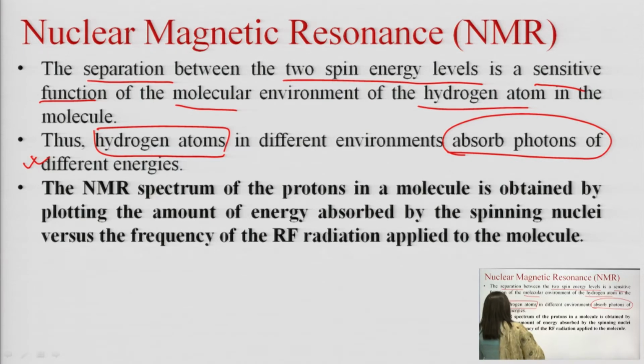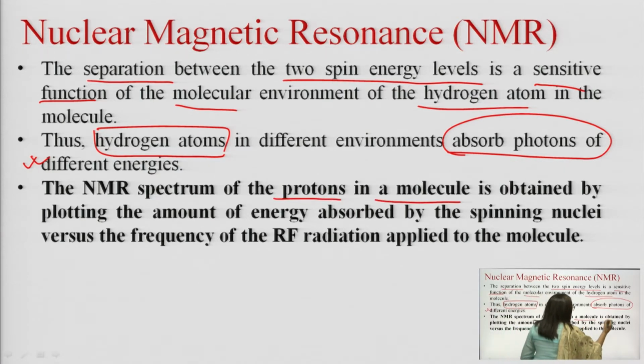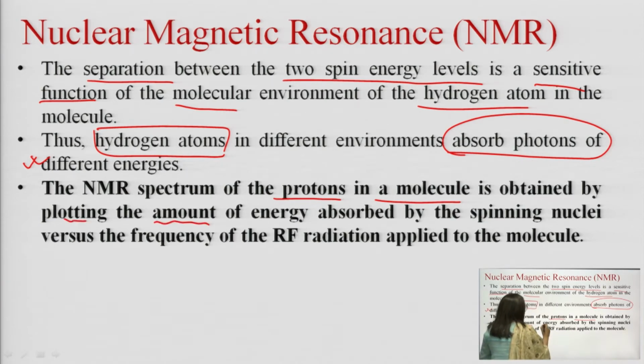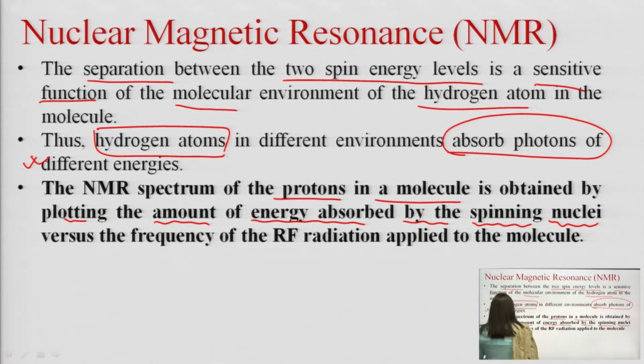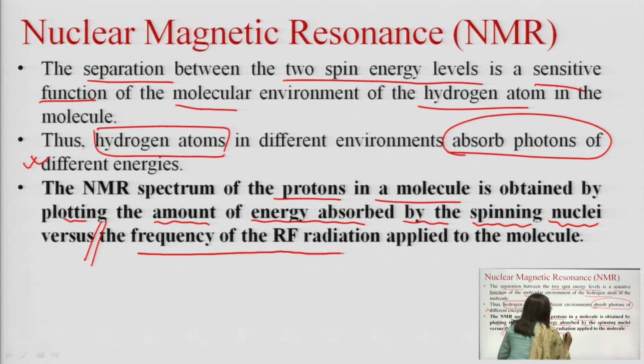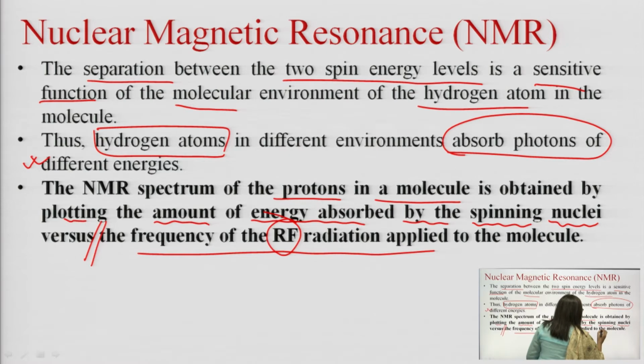The NMR spectrum of protons in a molecule is obtained by plotting the amount of energy absorbed by the spinning nuclei versus the frequency of radiation applied, or RF, radio frequency of radiation applied to the molecule.